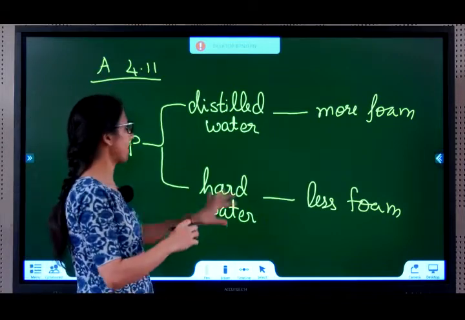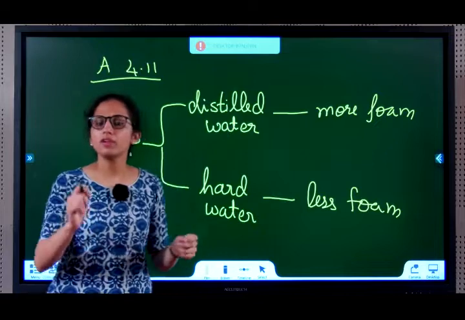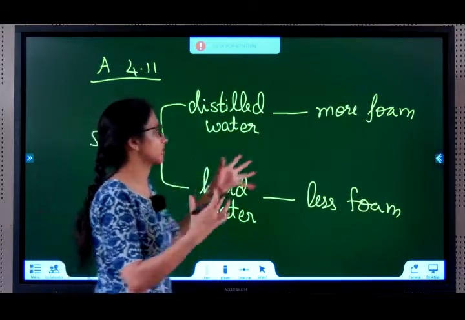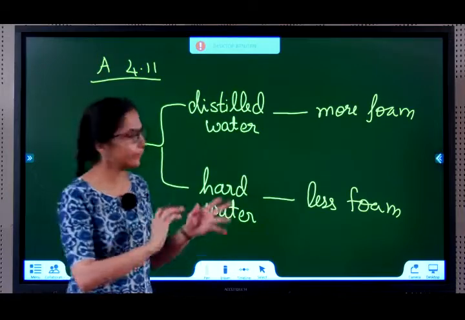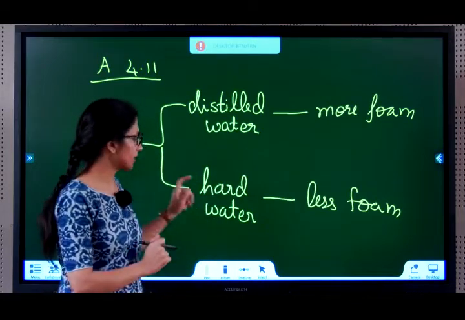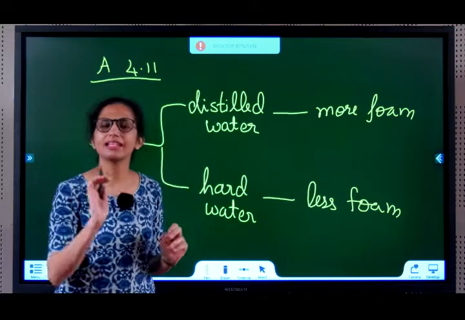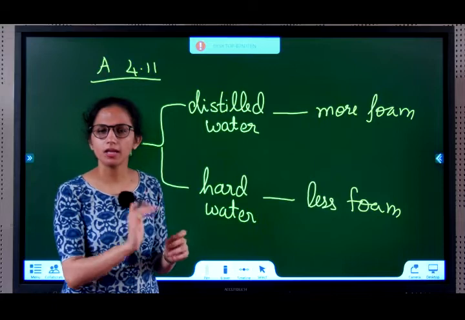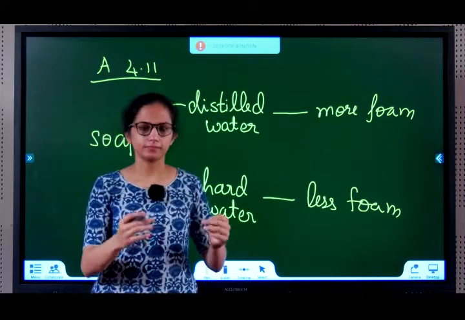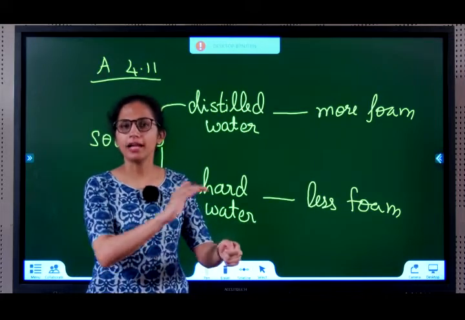Now we mix soap with hard water and we mix soap with distilled water. When you mix soap with distilled water, you see there's enough foam forming. You know foam, those white bubbles that form when you mix soap and water? Yes. But when you mix soap with hard water, there is very less foam formed and one white color substance is formed. Basically, when you have a bath, you're using hard water on your body and you're putting soap.